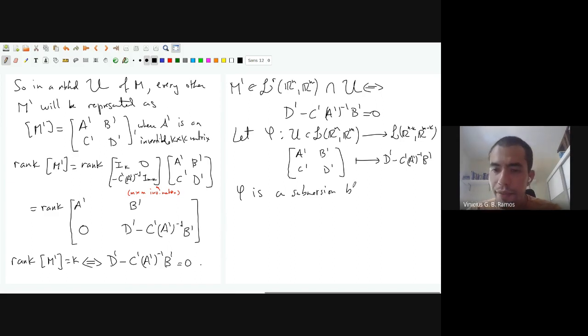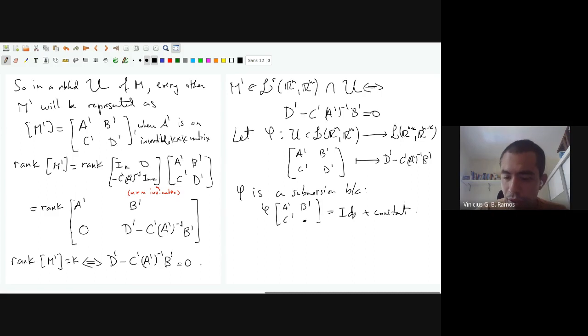So if you do phi of A prime, B prime, C prime, dot, this is just the identity plus some constant. So when you take the partial derivatives in this, for all these dimensions here, you get basically the identity. I mean, it's not the identity matrix, but the dot will be here.